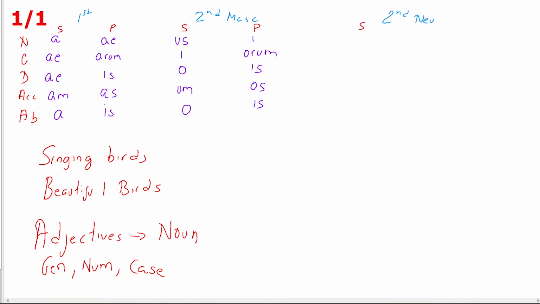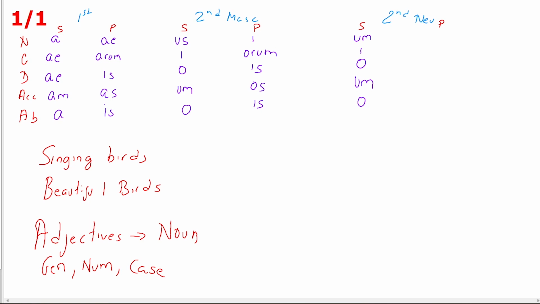Again, let's take a look at the neuter as well. So nominative singular ending would be um, genitive singular I, then dative singular o, accusative singular um and ablative singular o.